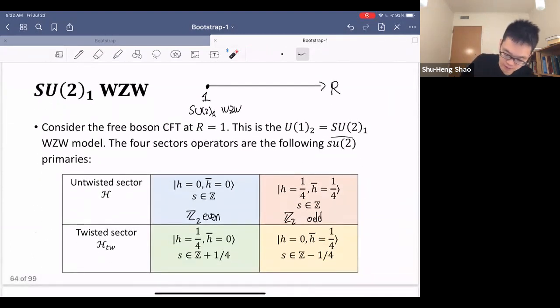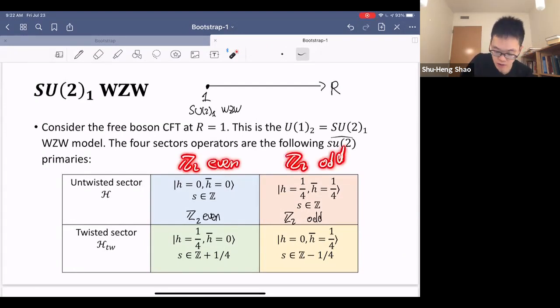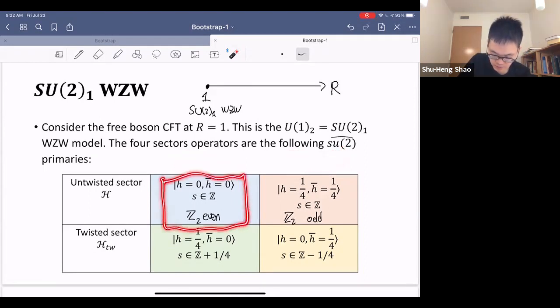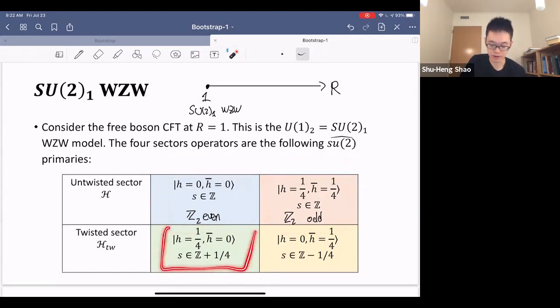But notice that I didn't put Z2 even or Z2 odd here. While it's meaningful to say this operator is Z2 even and this operator is Z2 odd, it doesn't mean anything to say this operator is Z2 even or odd. In fact, this operator, in a sense, carries fractional Z2 charge. In a sense, it carries a Z4 charge. But I'm not going into the detail of that.